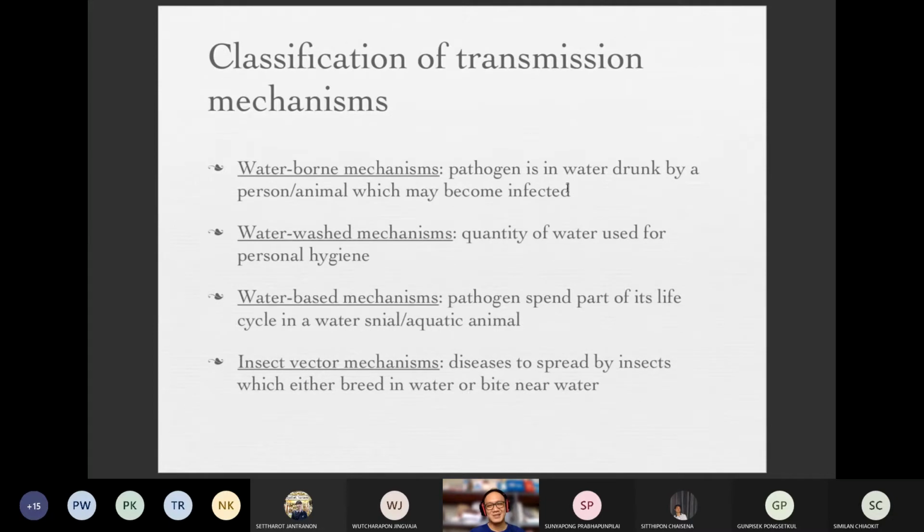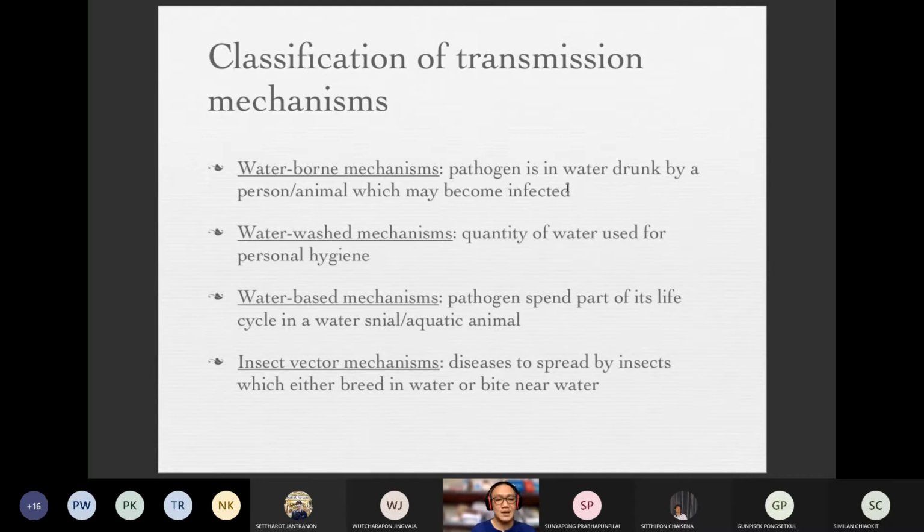So it's easy to bring contaminated food into the body. Finally the people will get infected. This is the transmission mechanism due to the shortage of water. We normally call this the water wash mechanism.